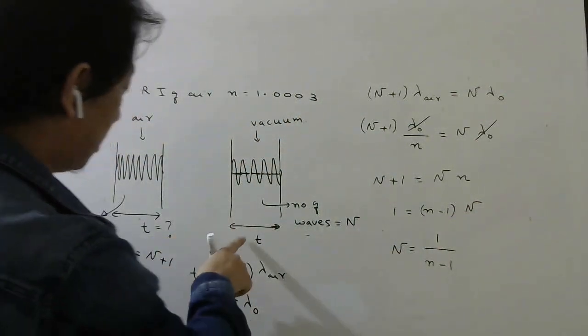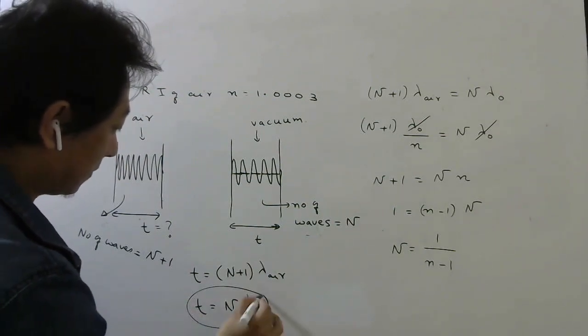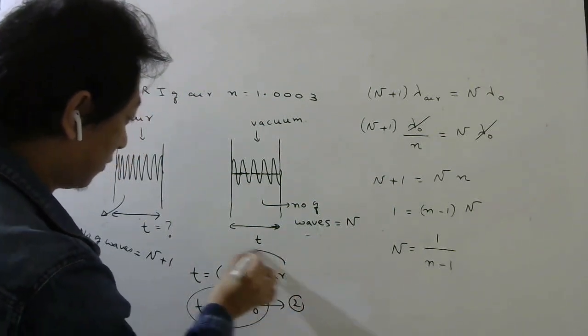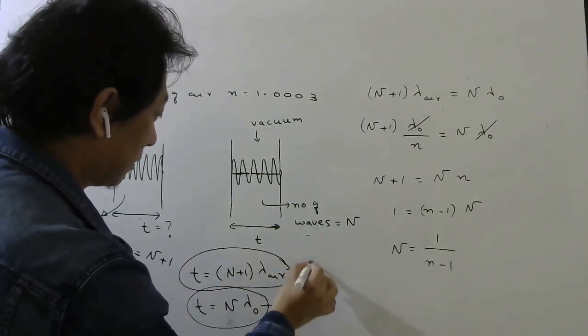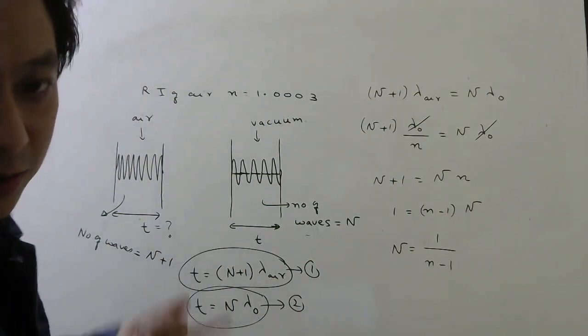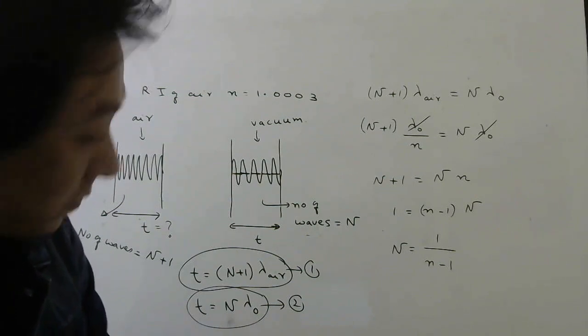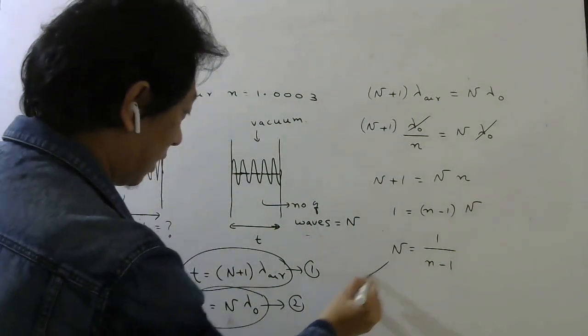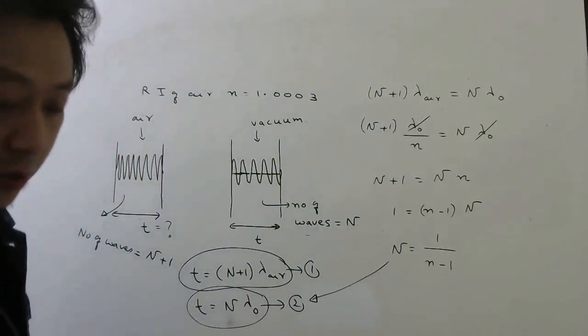So let me use this second equation only. This is the first equation. We have to find T. Now whether you find this T or this T, it doesn't matter because same thickness they told. So let me substitute this N here. So what will I get?